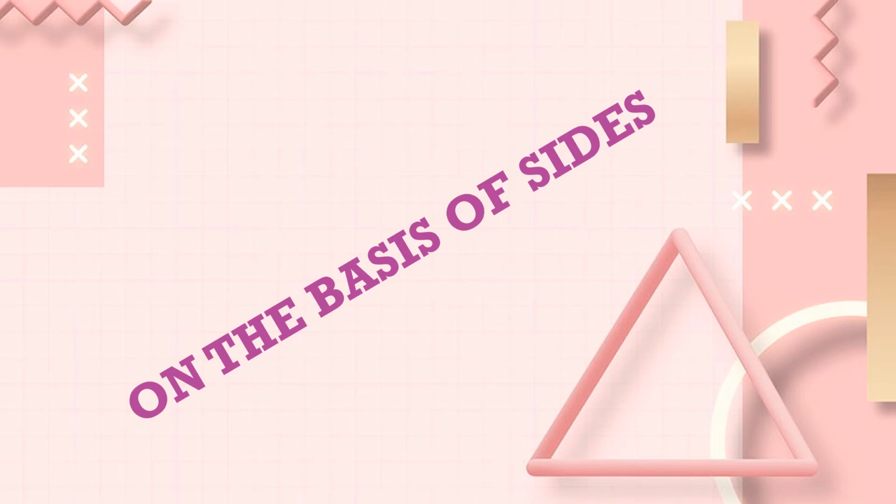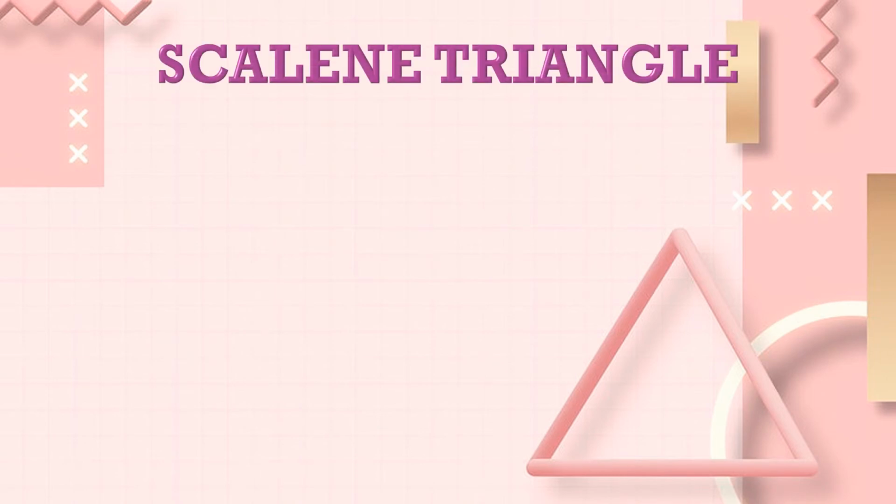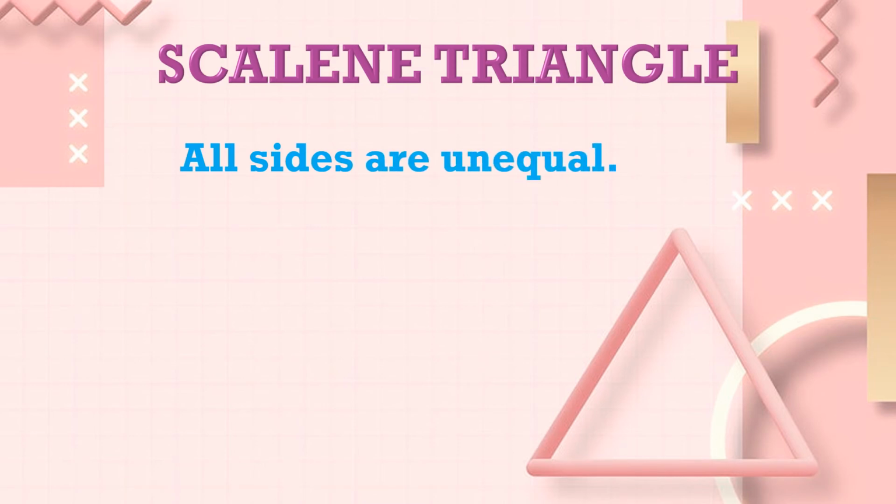Now the next is on the basis of sides. How can we classify the triangles? The first type of triangle on the basis of sides is a scalene triangle. Now what do you mean by that? It is a triangle in which all the sides are unequal.